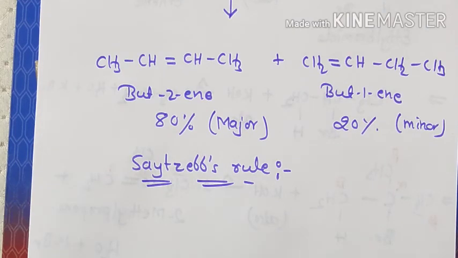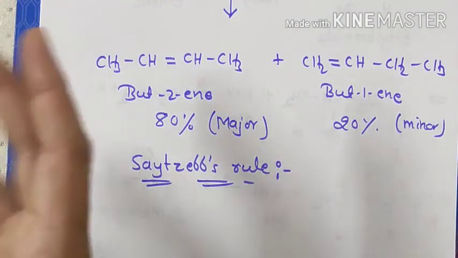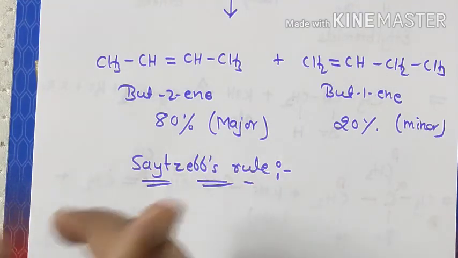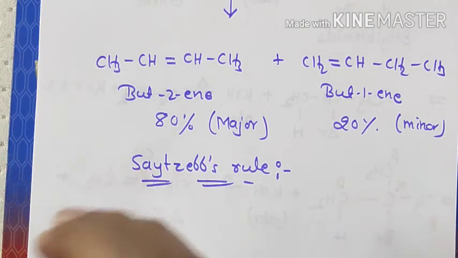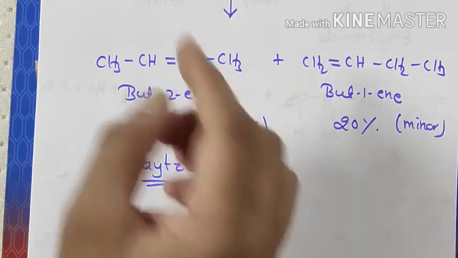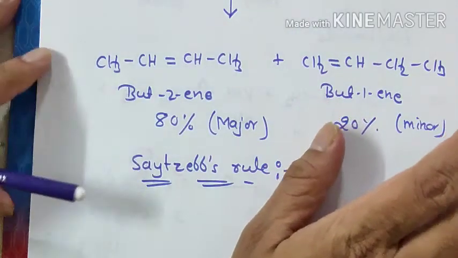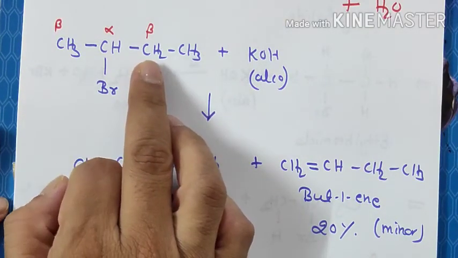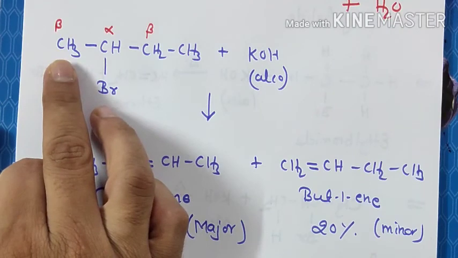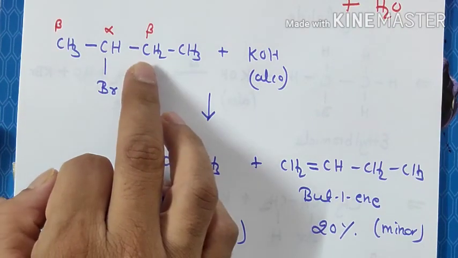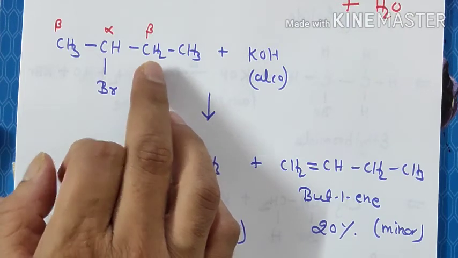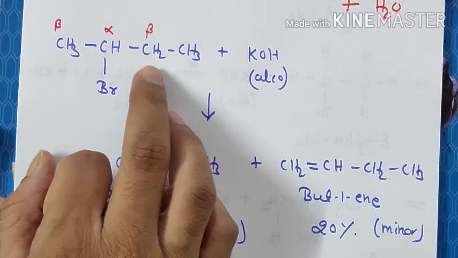It says that when there's a possibility of giving hydrogen from two or more carbons, then the hydrogen goes from that carbon which contains less number of hydrogen. That means here also hydrogen can move out from here, and can also move out from here, right? But hydrogen will be removed from where it contains less number of hydrogen. That's what Saytzeff's rule says.